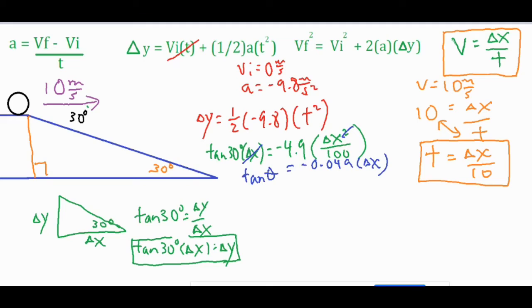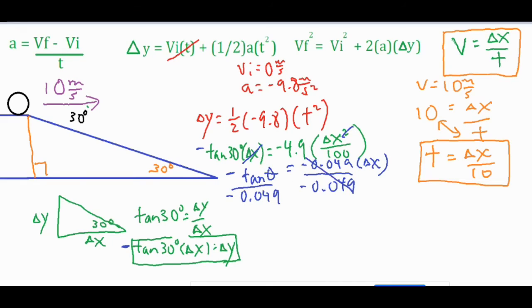Okay, and then what happens here is I actually forgot one negative sign in here, because this delta y that we solved for earlier is a negative delta y, because the object is dropping. So it actually includes a little negative sign over here, which is going to be placed right up here. So I forgot that negative sign a little bit earlier. That one's kind of important because now when we divide both sides by negative 0.049, the negative is going to drop out.